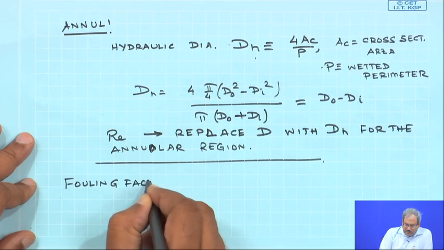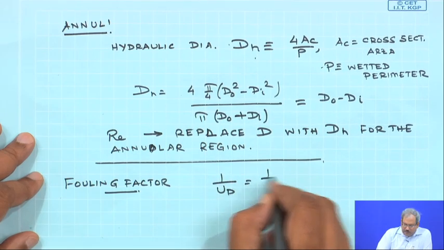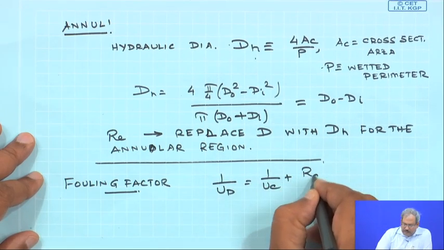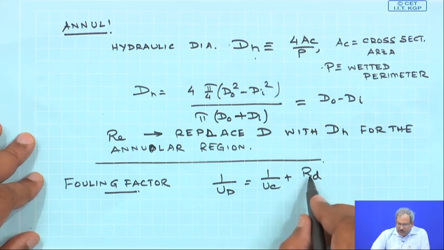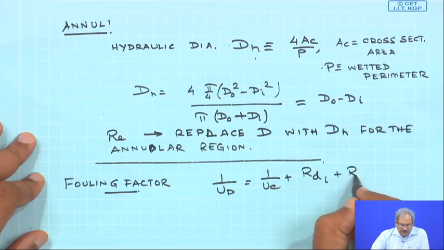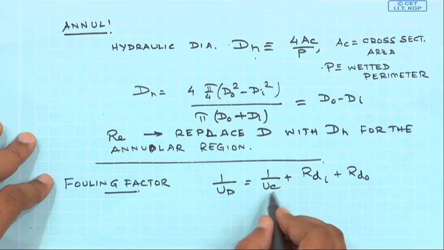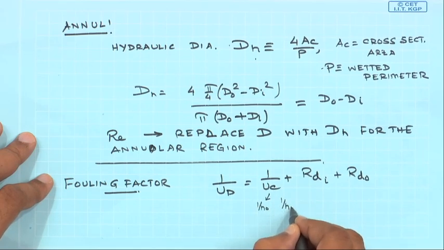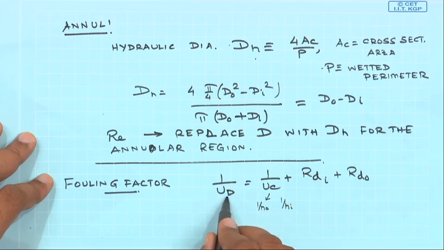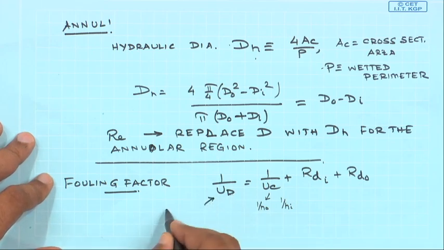When you have the following present, 1 by U d is 1 by U c plus R d, the fouling factor at the inside plus R d at the outside. So, U c is the clean coefficient which depends on H O and H I. U d is the coefficient while the double pipe heat exchanger is in operation. It is sometimes called the design or overall coefficient.